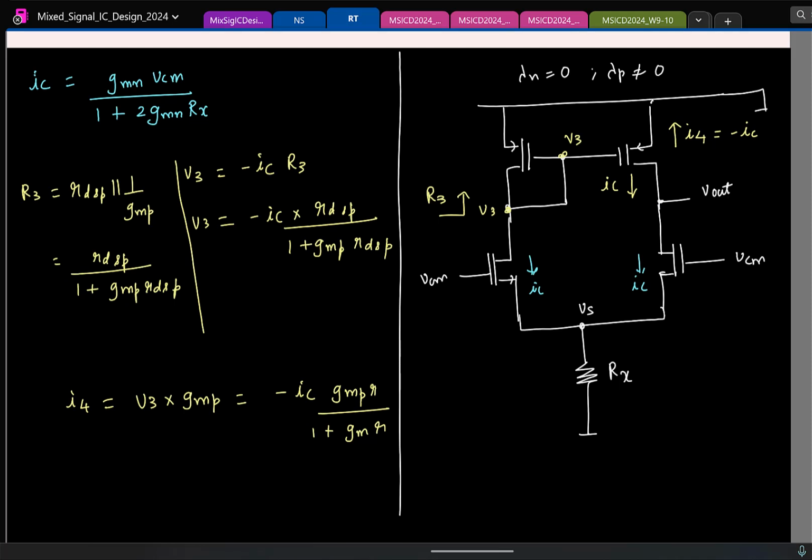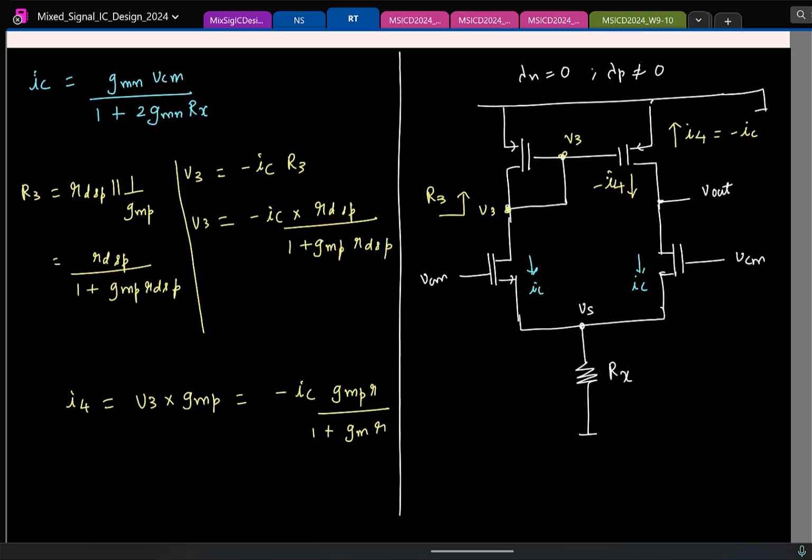This is not IC, remember, this is I4, or I'll say minus I4. In terms of I4 and IC, what is the short circuit current? Minus I4 minus IC. Is that fine? The effective short circuit current is going to be minus I4 minus IC.